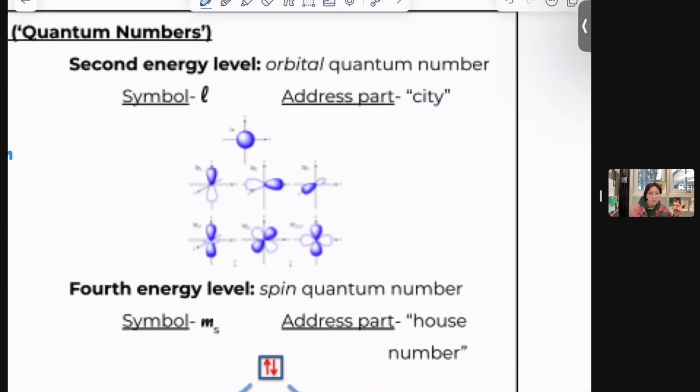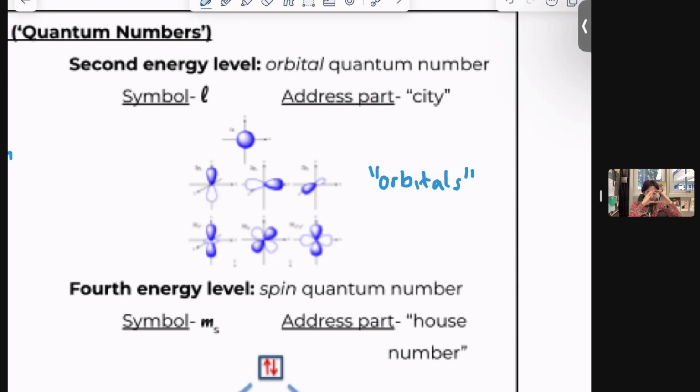Our next one, how I'm going to refer to these, is the orbitals. We'll see some examples of these. The orbital is the main word we're going to use. This is the space within n where the electrons are.